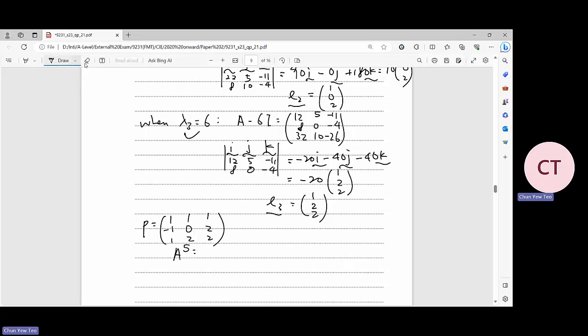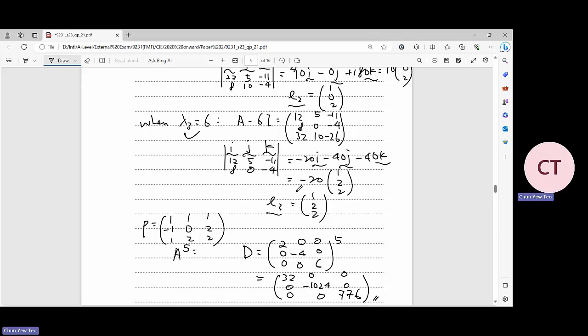So our D will be the diagonal with lambda 1, lambda 2, lambda 3 and zeros elsewhere, and then you power it by 5. That is your D. Power 5, you just expand them: 32, 0, 0, then negative 4 power 5, which is negative 1024, and 6 power 5.